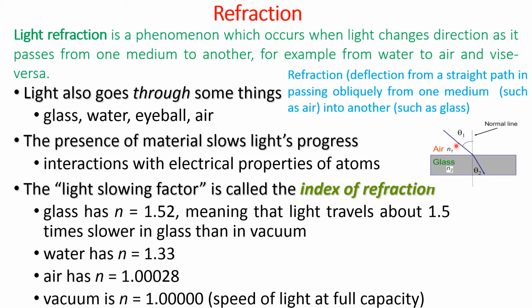the refraction of light. Here light goes through some things like air, glass, water, eyeball, and the presence of material in which the light travels slows the light, which means it reduces the speed of light due to interactions between light and the electrical properties of atoms of matter.